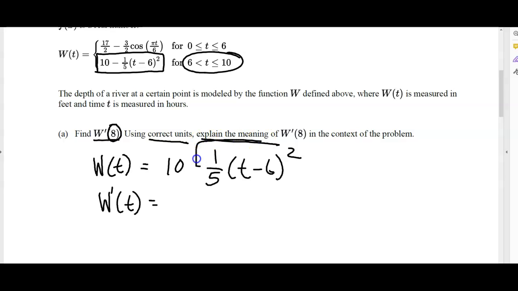Then for this piece here, we're going to do a chain rule. We're going to multiply the 2 times the negative 1/5, and that gives me negative 2/5. And then we multiply it by the derivative of the inside, but that's just 1, so we don't really need to worry about that. So there's my derivative, and now we're ready to plug in 8.